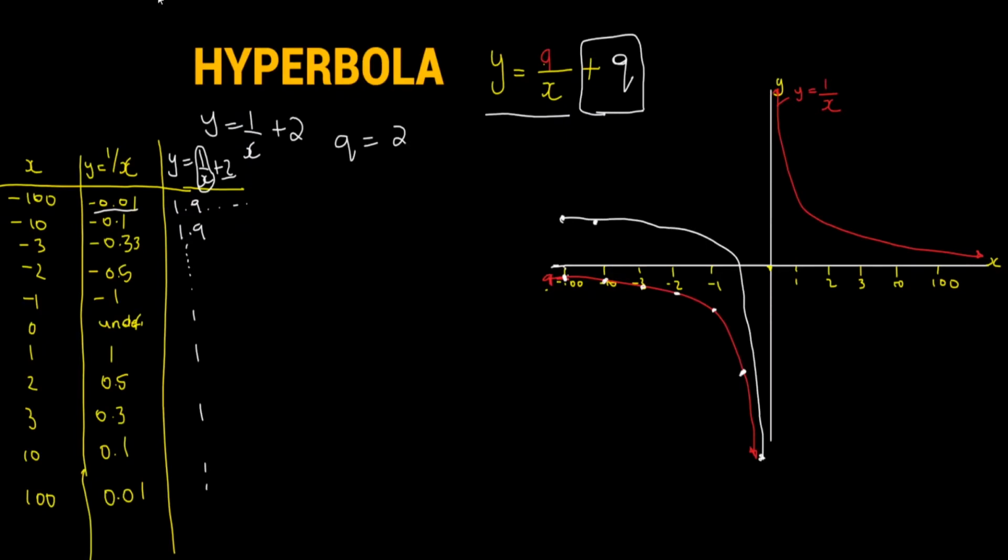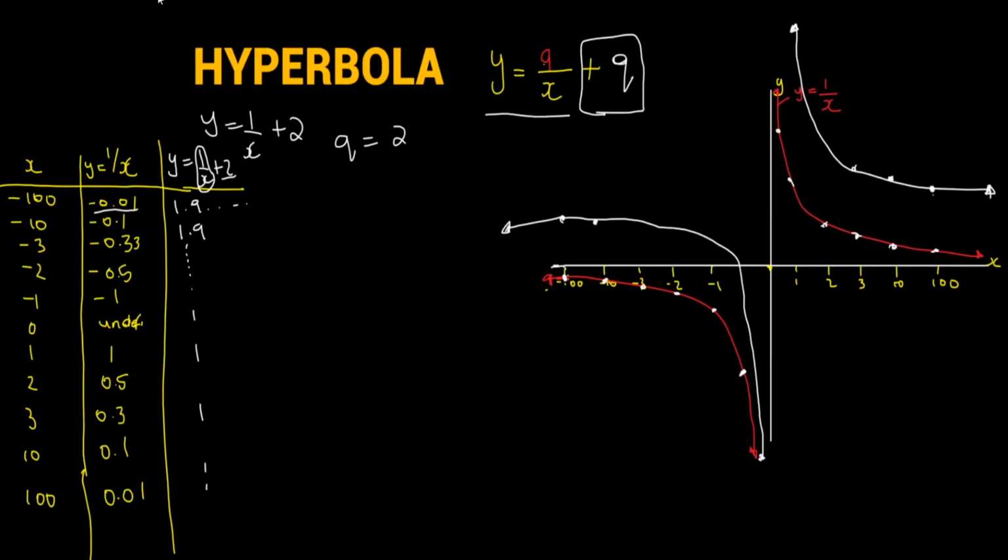And we're going to have something like that, right? And we go to the first quadrant. Even from the first quadrant, we're going to move every point 2 units up. So every point moves 2 units up because we added 2. And we have something like that. So we can see what is going on here.